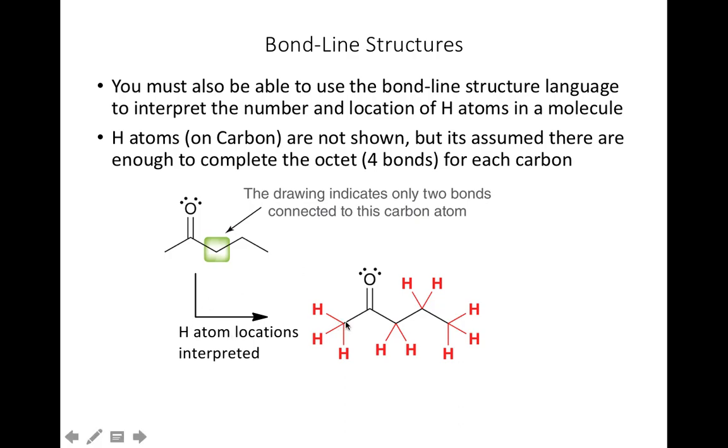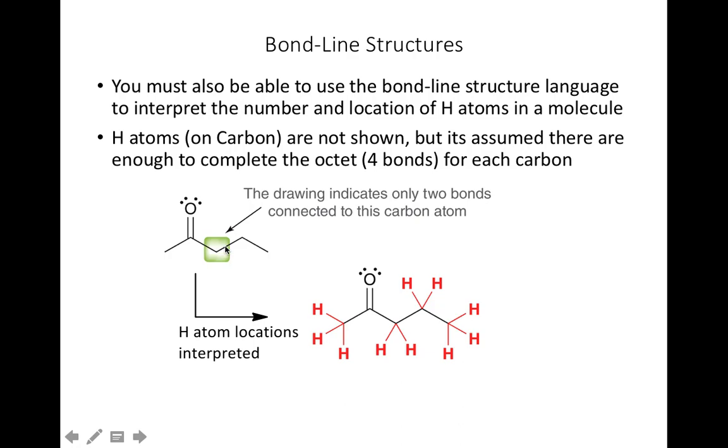Now, we know that the endpoints and the corners represent carbon atoms. The other simplification in these bond line structures is that we don't draw any hydrogens that are attached to the carbons. And so what we do is we use the octet rule and the fact that carbon always has 4 bonds to determine how many hydrogens there are.